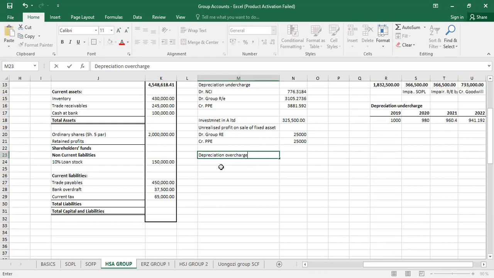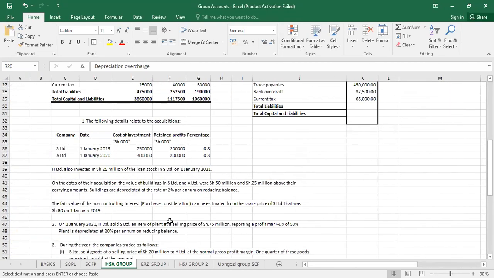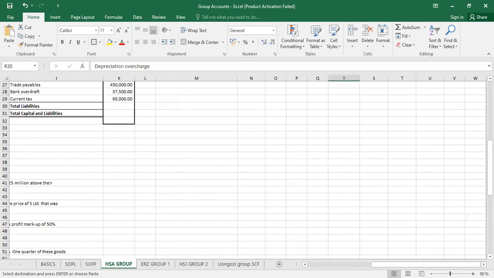I'll copy and paste it here. Remember, we are told 1st January 2021, and we are on December 2022.